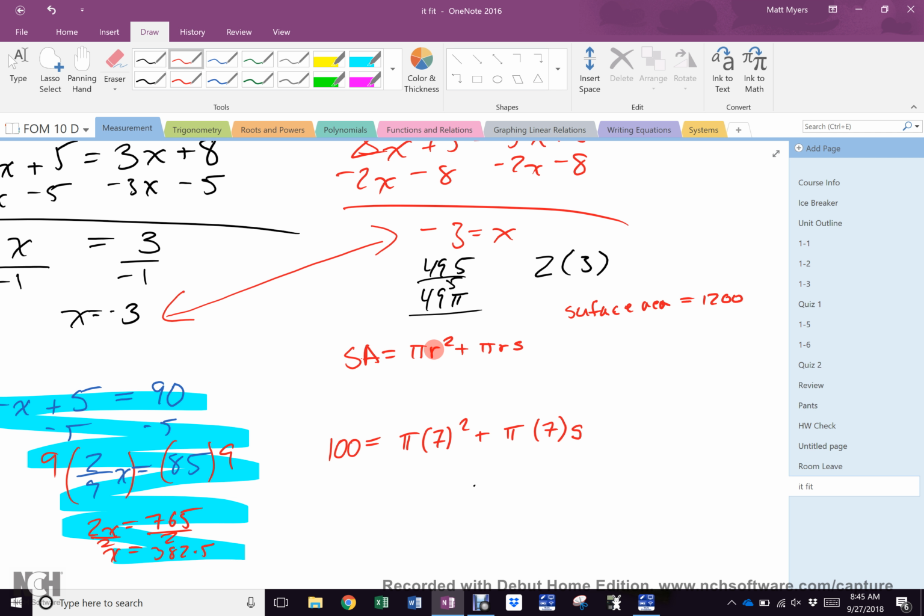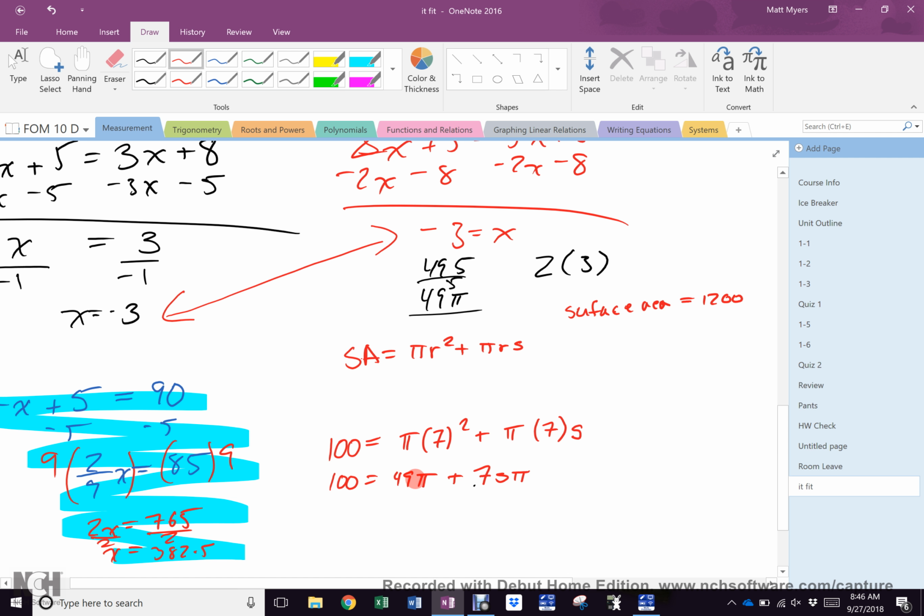Okay. Let's see how to do this. How did you write it up though? Because you added the 1,200 after you did it like this. And then I simplified. 1200 equaled 49 pi plus 7s pi. Right? Now 49 pi is just a number. Right? And since it's positive, that's a positive number, isn't it?